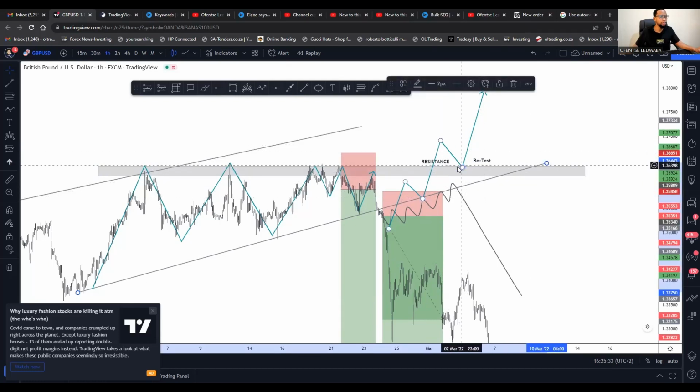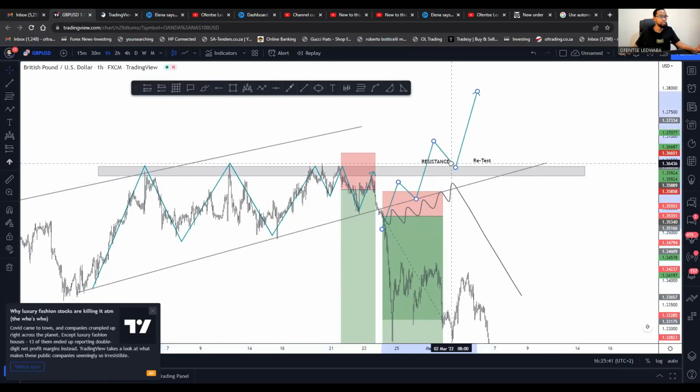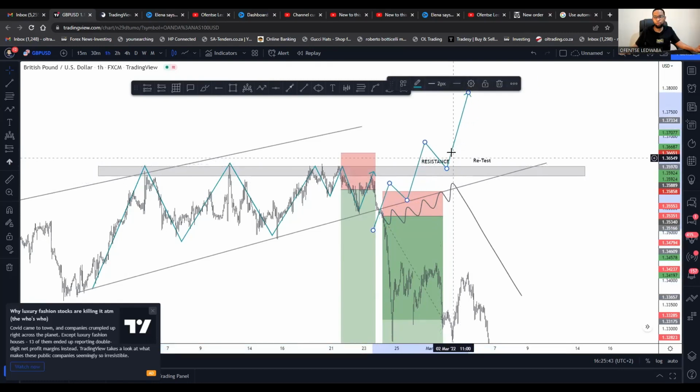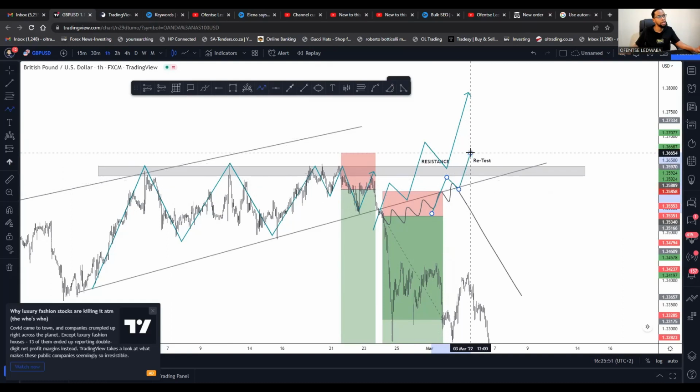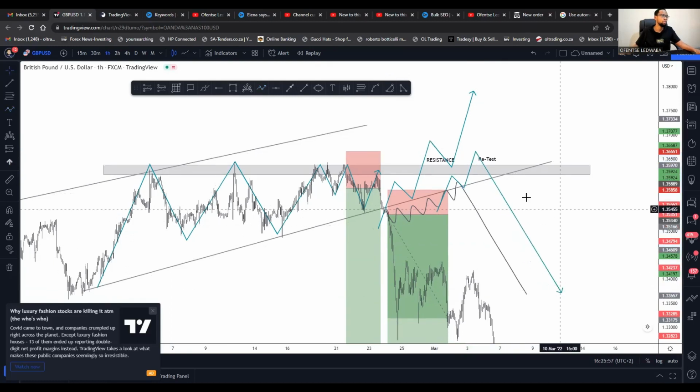Don't buy before you see that it's really confirmed, because you can have a movement like this, which the market always does to catch people on the wrong side. You can have this, yes, this, and then to the downside.